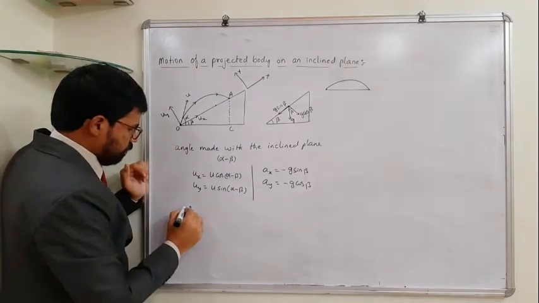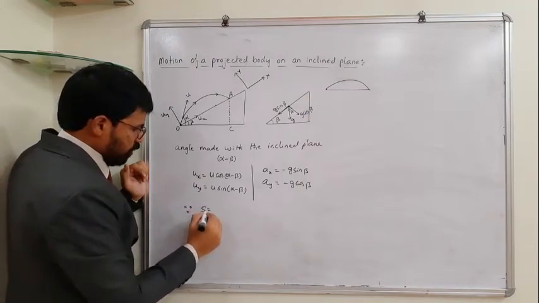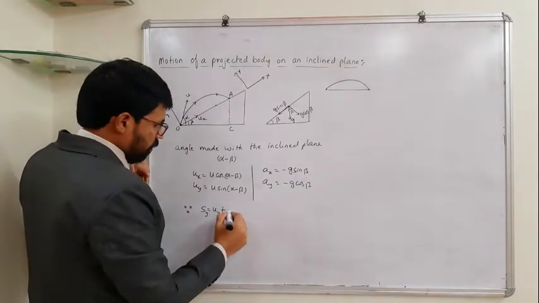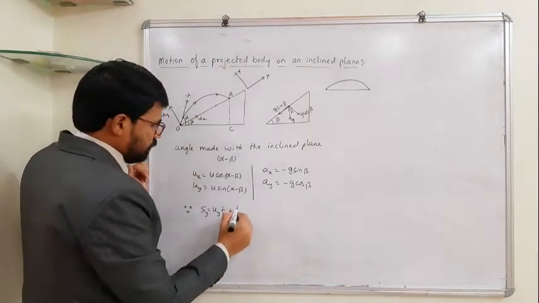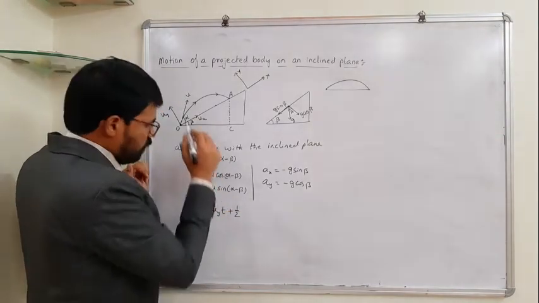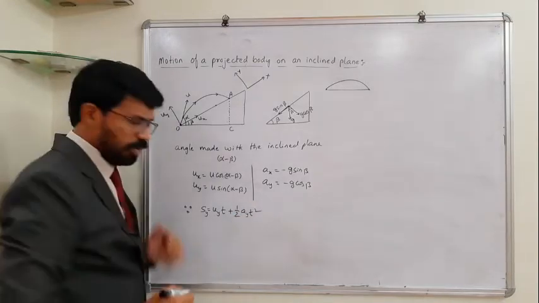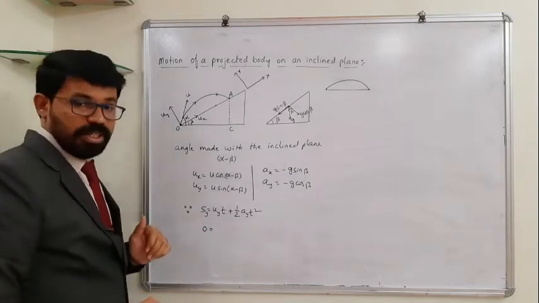So with this understanding, let us proceed. Sy is equal to Uy t plus half, I'm talking about vertical displacement, Ay t square. That's how you can write. And Sy is 0 along the vertical direction.